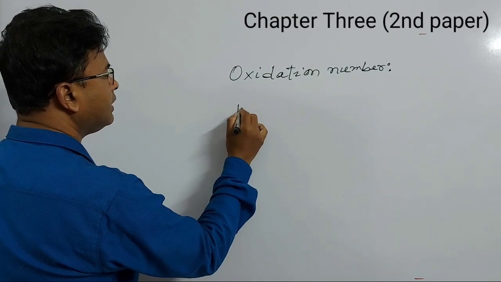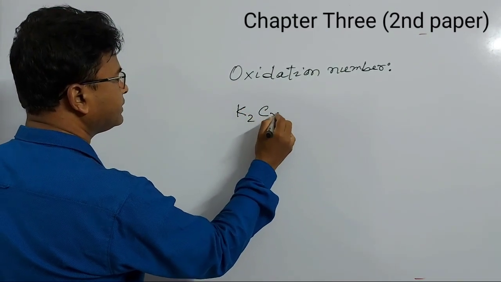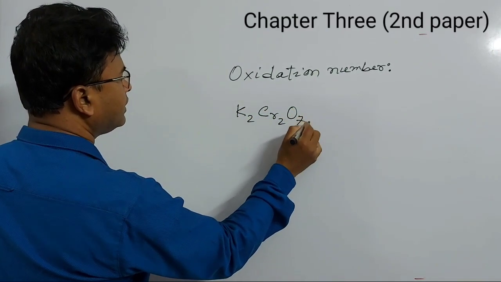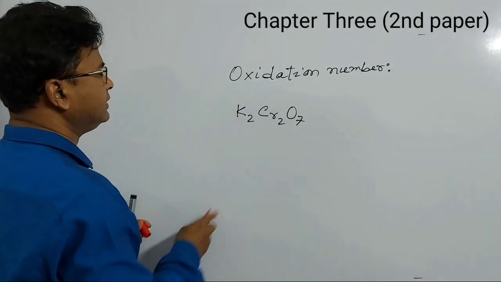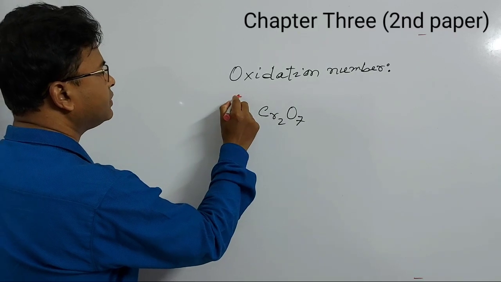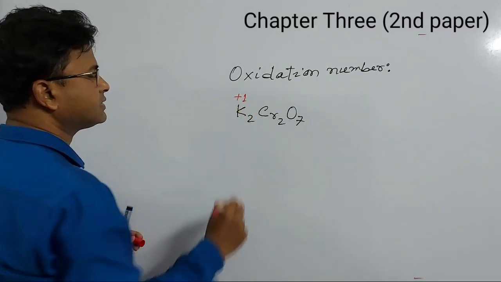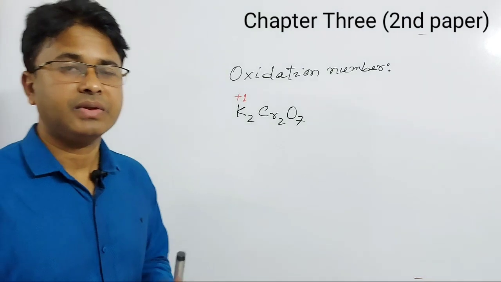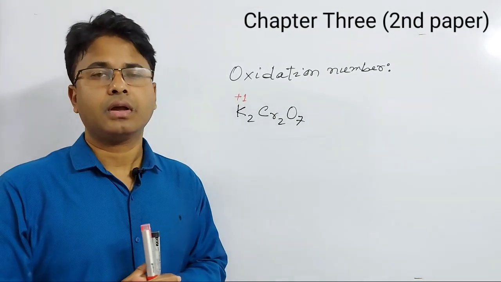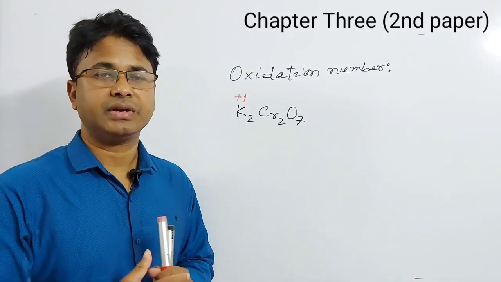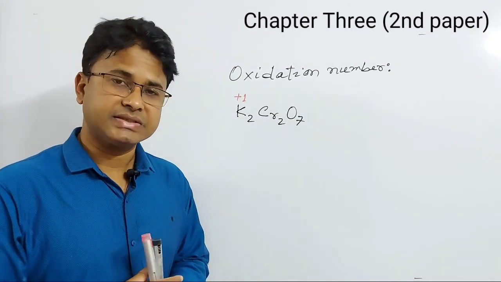Suppose potassium dichromate. The oxidation number of potassium is +1. Students, you have to memorize it. The oxidation number of potassium is +1 because during the formation of compound, potassium releases one electron from its last shell.